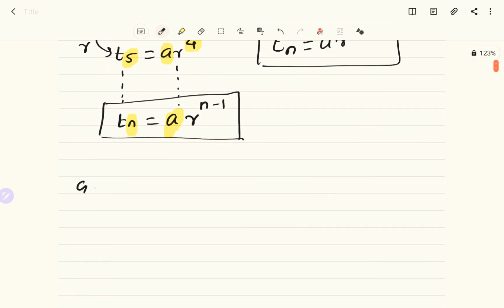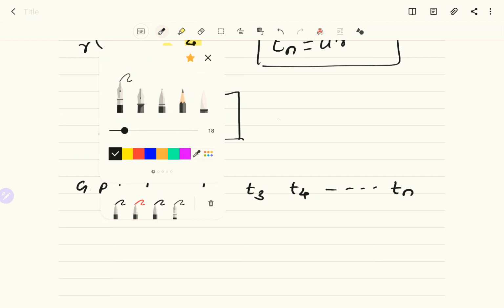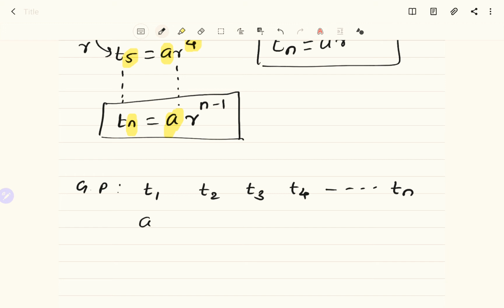So overall, here I am writing the geometric progression. If T1 is the first term, T2 is the second, T3 is the third term, T4 is the fourth term, and Tn is any general term belonging to the geometric progression, then we write T1 as A, T2 as AR, T3 as AR square, T4 as AR cube, and Tn as AR raised to n minus 1.